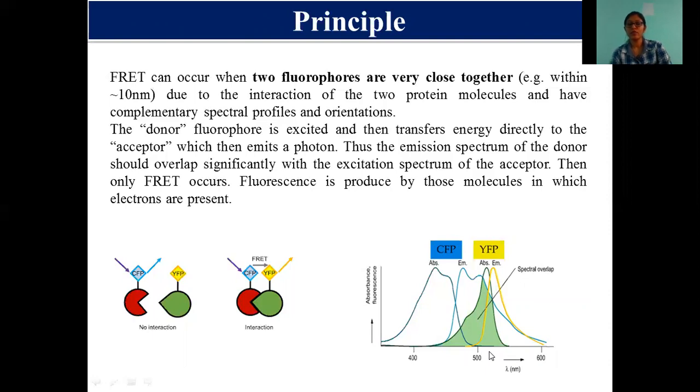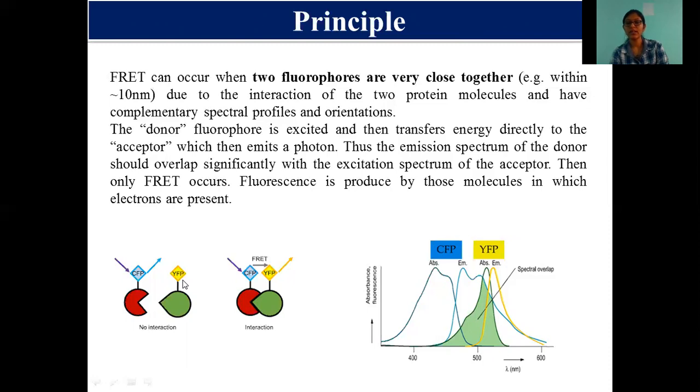So two different molecules are used, for example CFP and YFP, which are labeled with two different proteins for which you need to understand the protein-protein interaction. The donor fluorescent molecule, or donor fluorophore molecule, is excited and then transfers energy directly to the acceptor fluorophore molecule, that is YFP, and only then does it emit photons.